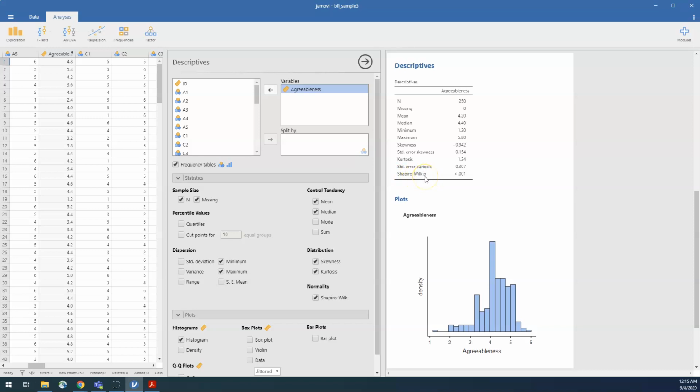And the p-value, as you remember, is usually a demarcation of 0.05. In this case, it's asking, is this distribution normal? And if you have a value that's less than 0.05, then we would say that's not normal, it's problematic. And because this one is less than 0.001, we would say, oh wow, this is definitely not normal.